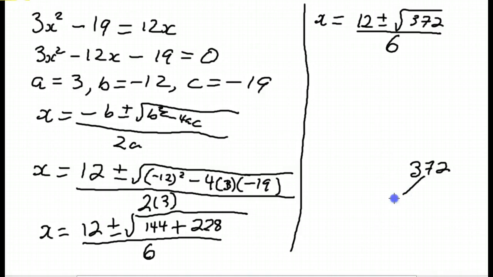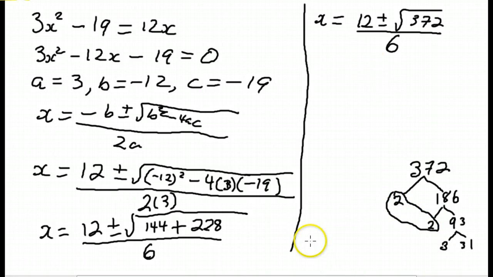So 372 is 2 times 372 divided by 2, which is 186. 186 will be 2 times, 186 divided by 2 will be 93. 93 will be 3 times 31. And here's the thing, 31 is prime, 3 is prime, but you notice we have the two 2's, which means 4 goes into that, so let's just work that here.